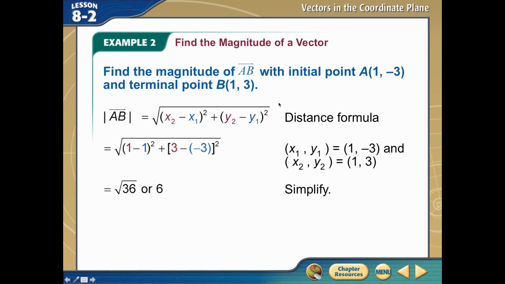So it's 6. So if you were to write this in component form, it would be 0, 6. And that's really lousy handwriting. So 0, 6, and the magnitude of that would be 6 as well.